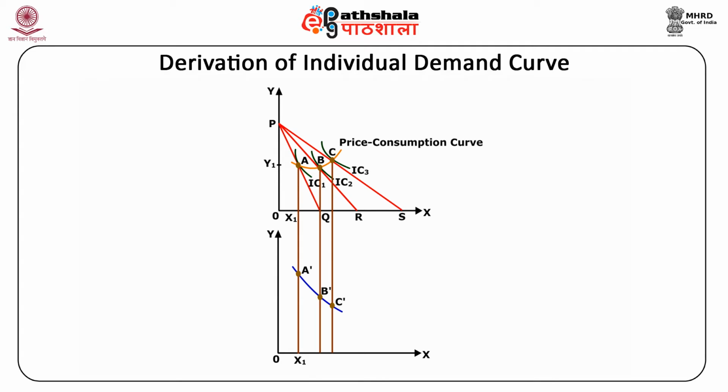Similarly, points B' and C' show the quantity of X demanded at the equilibrium points B and C in the top panel and the price levels of X corresponding to the budget lines PR and PS respectively. The demand curve for good X is obtained by joining the points like A', B' and C'.